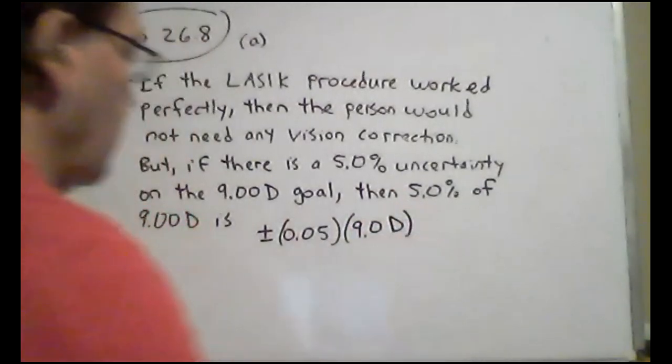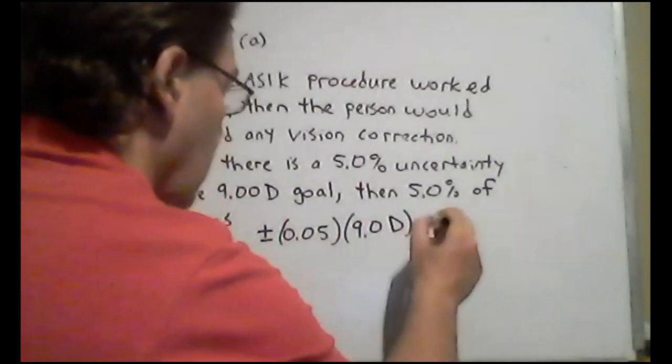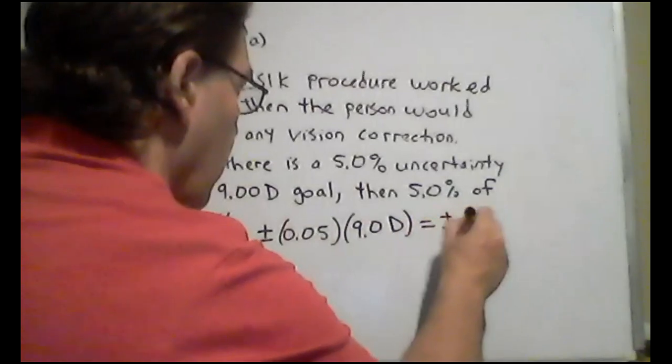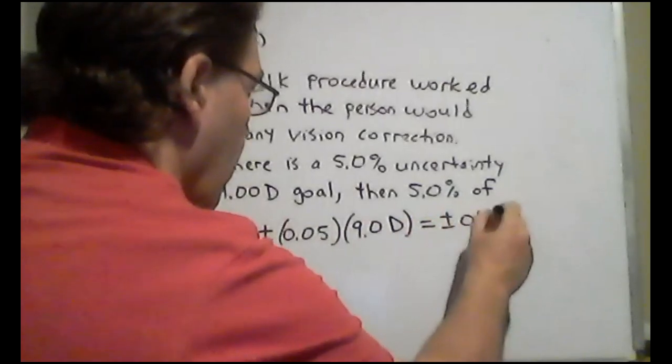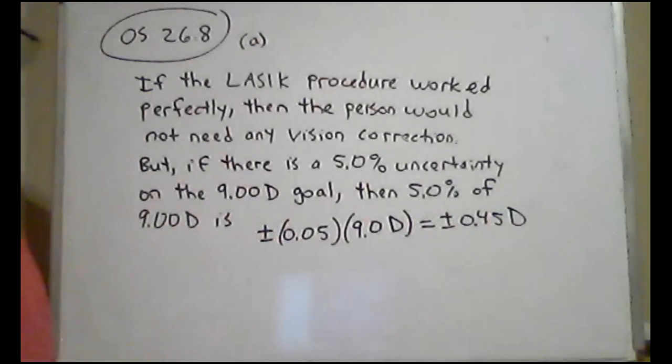You could probably live without glasses if it's that small. So you might have a little prescription, but unlikely. You probably wouldn't even notice it. Okay, let's look at OpenStax 26.9.